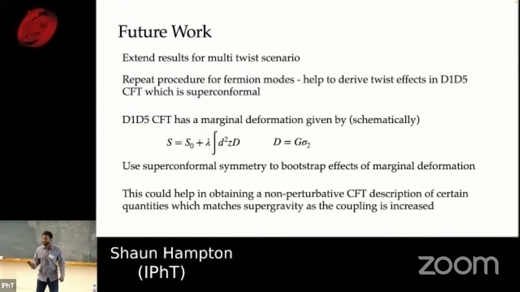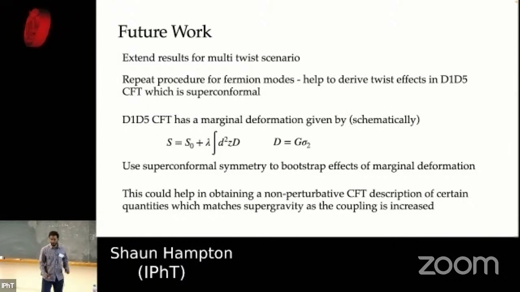The hope is that we can use superconformal symmetry now to bootstrap the marginal deformation. The marginal deformation is given by a twist. So yes, let me make that clear. The twist operator is a part of the marginal deformation, but it also includes a supercharge, a supersymmetric operator, because it's a superconformal field theory. And so G here represents the supercharge operator. It's a marginal operator.